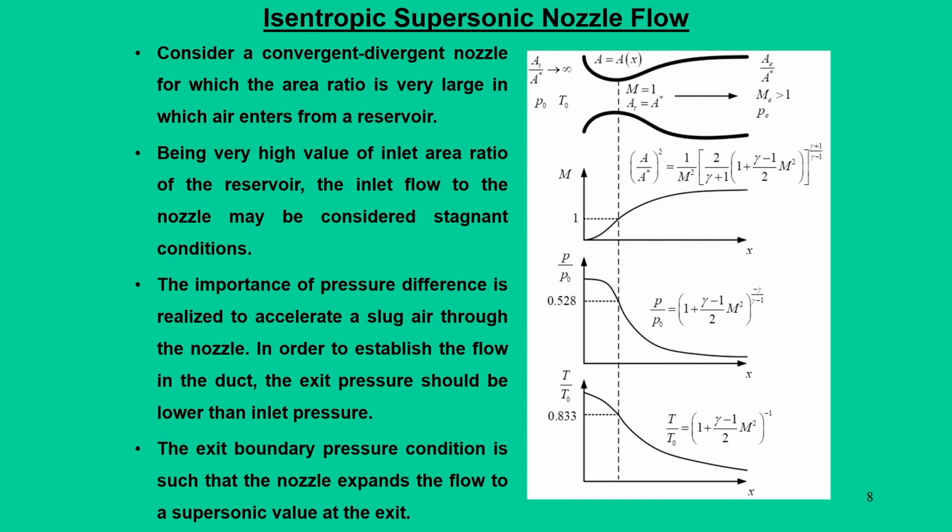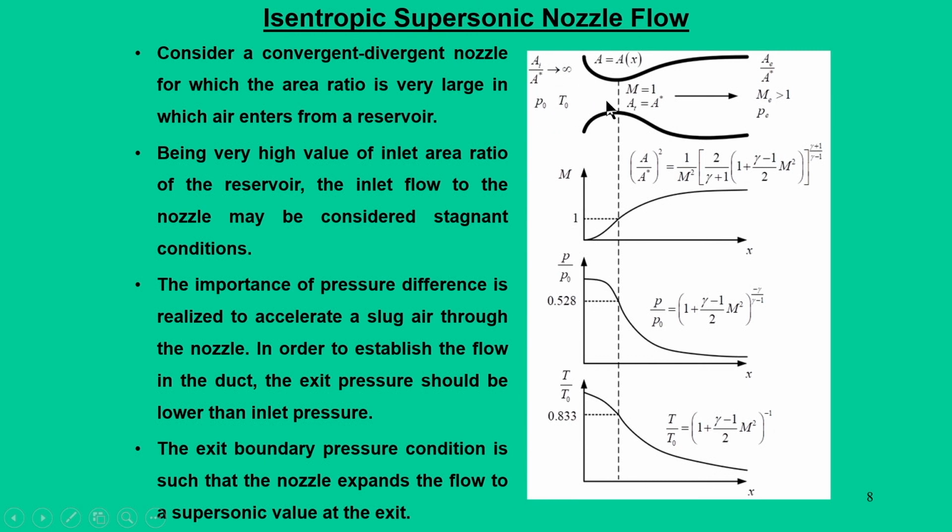Now, let me start the first concept: how an isentropic supersonic flow is established and why we say it is nozzle action. Consider a convergent divergent nozzle with a very large area ratio, in which air enters from a reservoir. The first figure shows a converging diverging passage where the area ratio, inlet to throat, is a very large number, and the reservoir conditions are P naught and T naught.